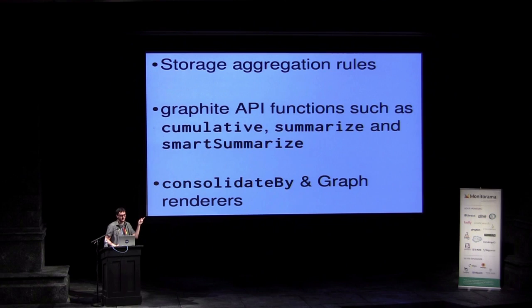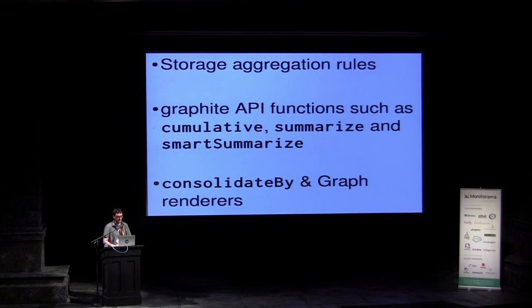For the storage aggregation rules, that's because you want to move data from high resolution to low resolution. The second one is on request if you just want to display it a certain way. And the third one is for graph renderers. But for the first two, you always have to explicitly configure those functions.